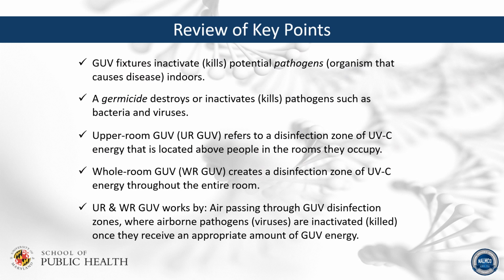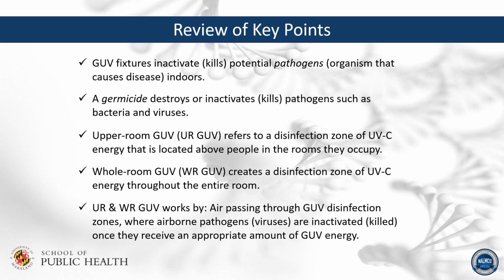So let's review the key points. GUV fixtures inactivate, meaning kill, potential pathogens, meaning organisms that can cause disease, indoors. A germicide destroys or inactivates pathogens such as bacteria and viruses. Upper room GUV refers to a disinfection zone of UV energy that is located above people in the rooms they occupy.